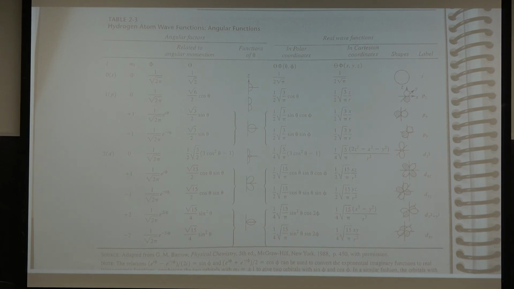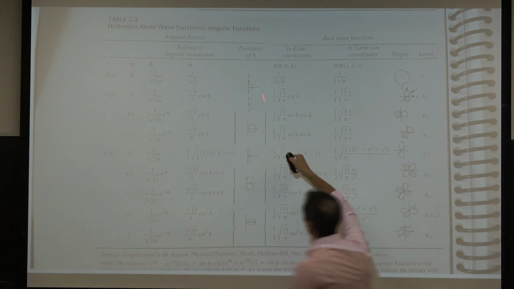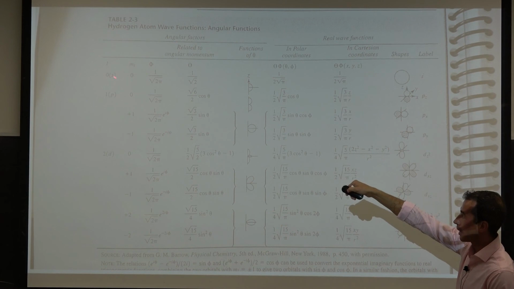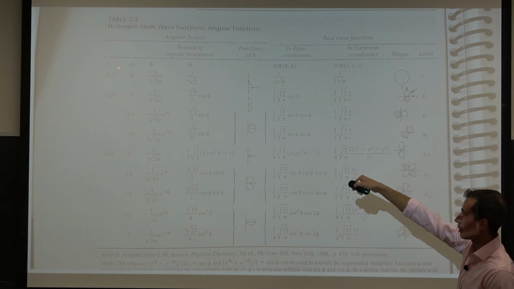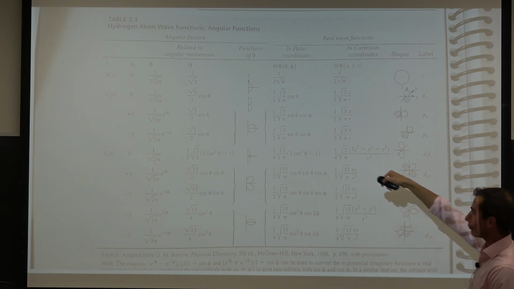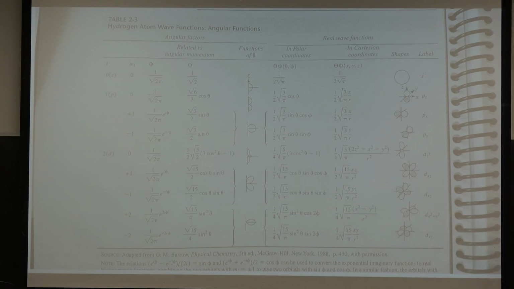Here you can start to see what that means if you plotted that. For an s orbital, it has to be 0 here. This is what the phi and the theta equal, and as you multiply those together, you get literally the shape of that orbital.